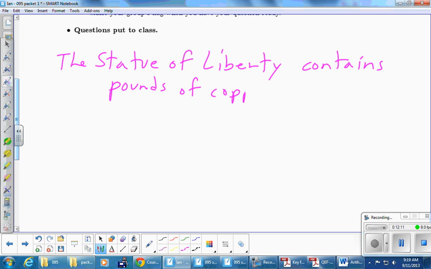Okay. I have no idea how many pounds of copper are in the Statue of Liberty. I'm going to make up an answer. We'll say 2 million pounds. Okay, 2 million pounds of copper. That is not the right answer. I could be off by many orders of magnitude. That's okay. Next question. Back corner here.